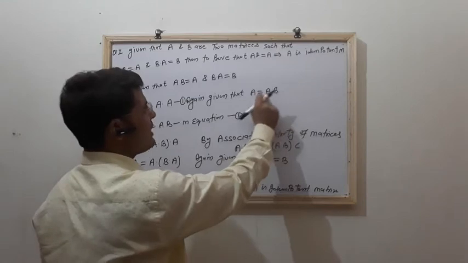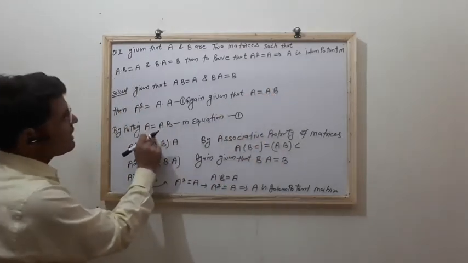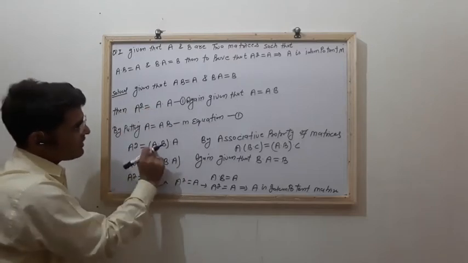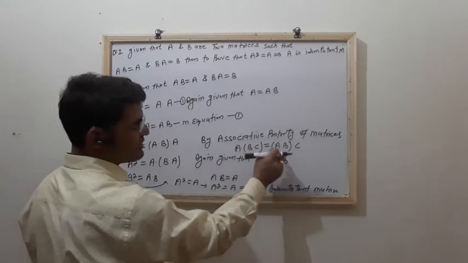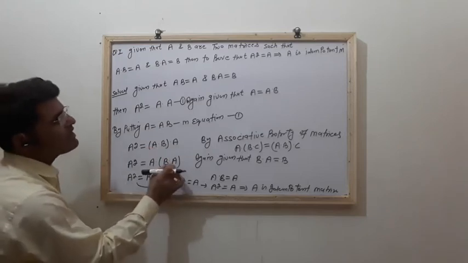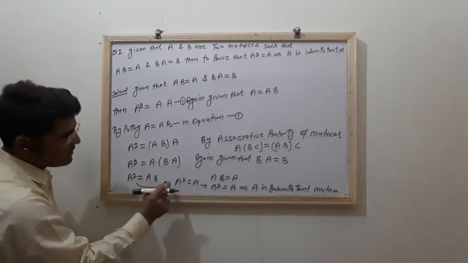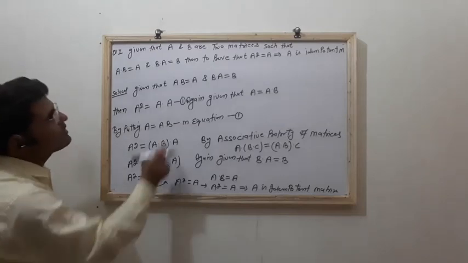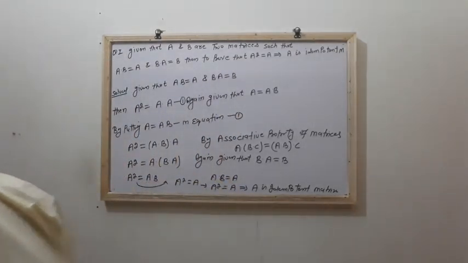Given that A is equal to A into B, by putting the value of A is equal to A into B, A square is equal to A into B into A. By the associative property of matrices, A into B into C is equal to A into B into C. This becomes A into B into A. Again given B into A is equal to B, by putting the value of B into A is equal to B, A square is equal to B into A. Again B into A is equal to A, so that A square is equal to A, means that A is an idempotent matrix.